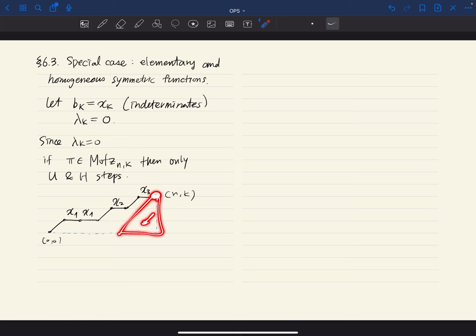You cannot go, because we have too few steps remaining. So in fact, what we can see from here is that this is k, so this is n minus k, 0. Our path must be located inside this parallelogram, right?